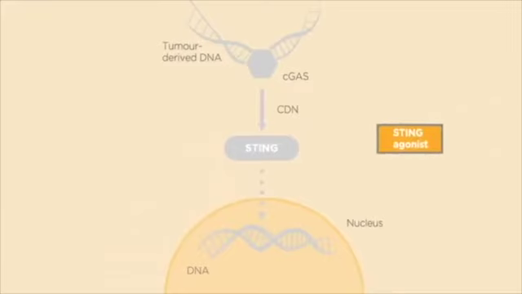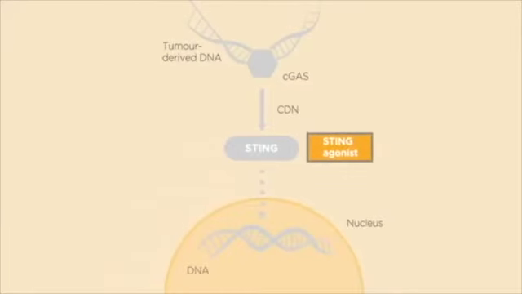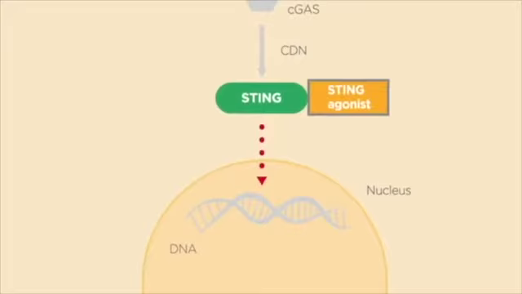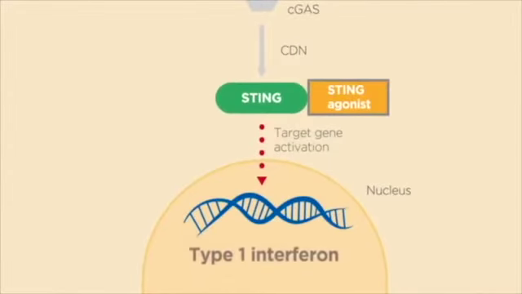The STING agonist is delivered directly into the tumor and works by activating the cGAS-STING DNA sensing pathway that is normally activated when DNA is detected outside of the cell nucleus, for example, during a viral infection, initiating an immune response. The pathway induces target gene activation and triggers type 1 interferon secretion.